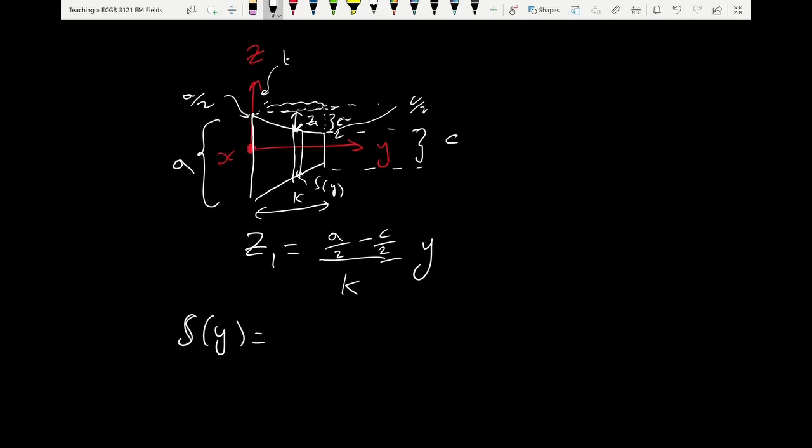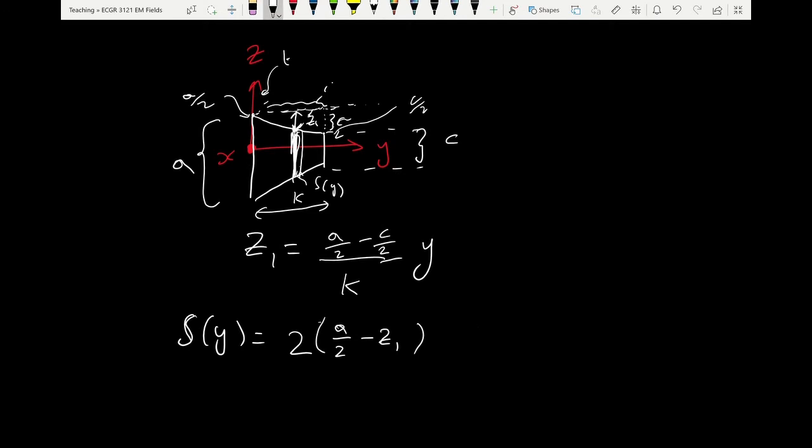So S at y, the cross-sectional area at y, is going to be, well, I have to take this distance times the depth. We know that the depth is t, so t has to be there, right? And then let me calculate half of it. Half of it is going to be a over 2 minus z1. That's half of this distance, right? A over 2 minus z1, right, times 2.